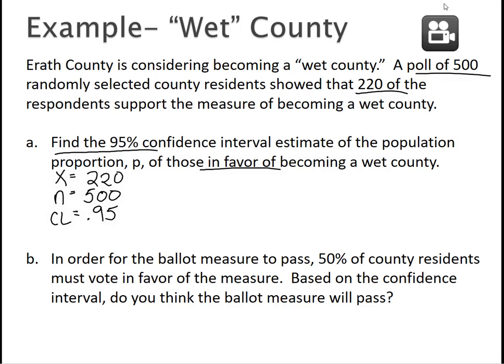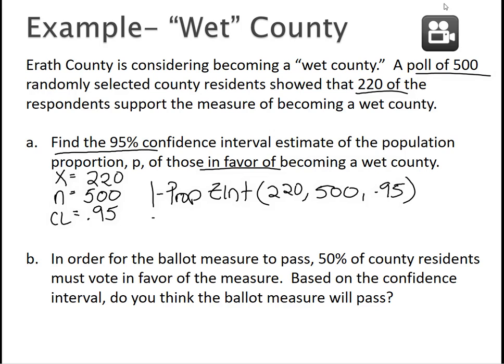So on the formula chart, we just saw that we are going to use 1 prop Z interval. And 1 prop Z interval is going to ask for X first, so that's going to be 220, N second, which is 500, and then the confidence level, which is 0.95.